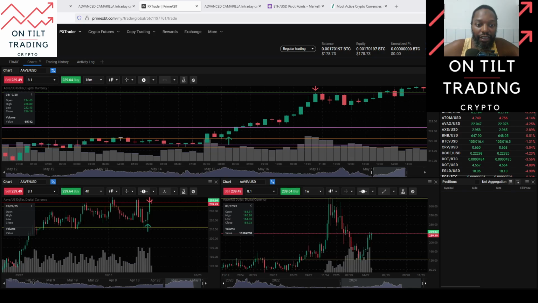That would be here, at the upper end of this opening structural range. I took an entry when this order block was confirmed. Actually, I could have likely taken an entry when it was confirmed here, but I took this entry here.